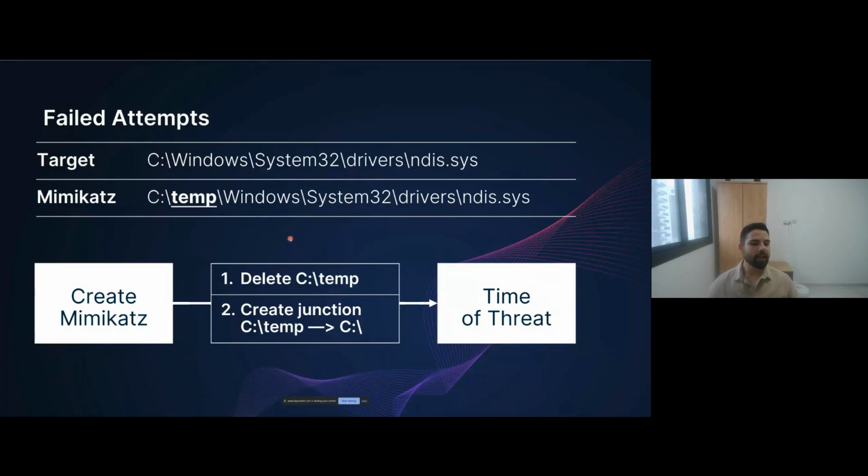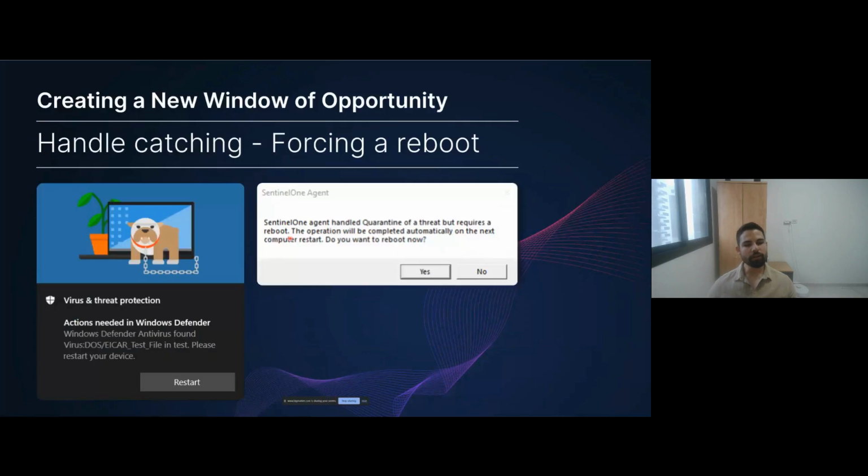At this stage, I understood that I should probably somehow expand the window of opportunity that I have between the time in which the file is being detected and the time in which the file is being deleted. And in order to do that, I thought of maybe using handle catching. Now, in Windows, we have the CreateFile API function, which is the function to create or open files.